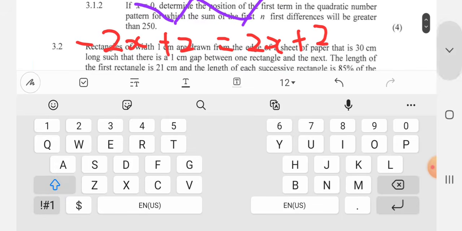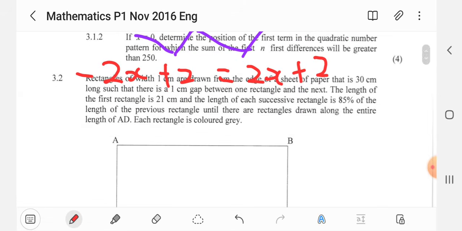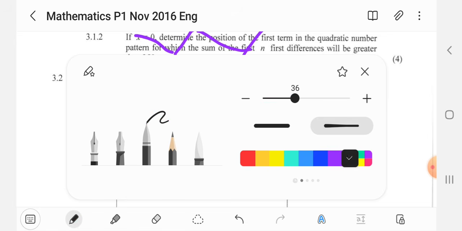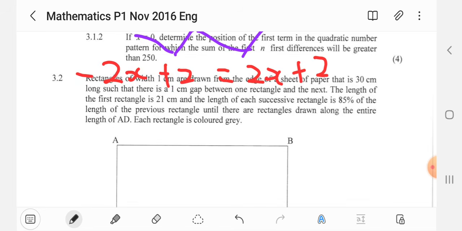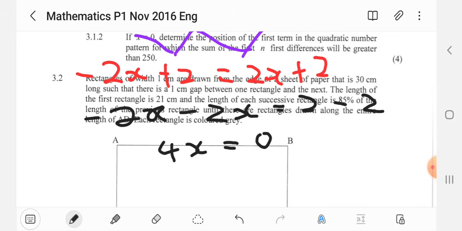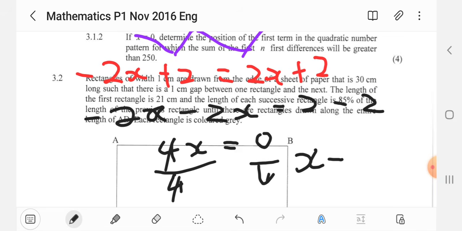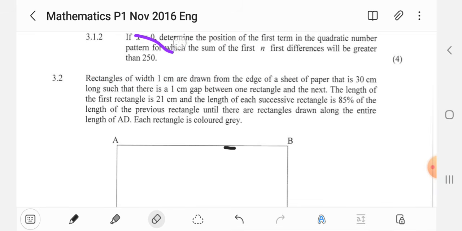Yes, so this is what we have. So negative 2x minus 2x equals 2 minus 2. So we'll have 4x equals 0. Divide by 4. Then x equals 0. So our x value is 0.